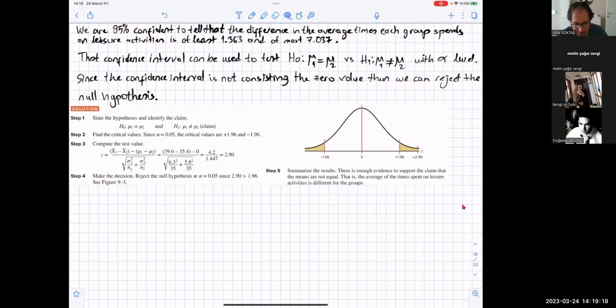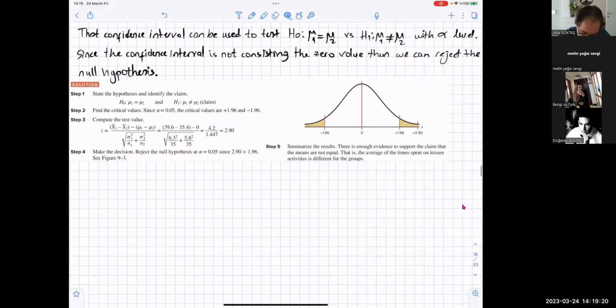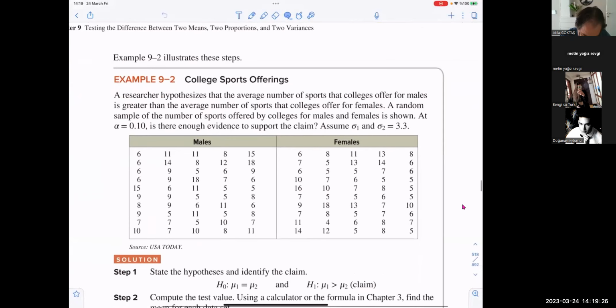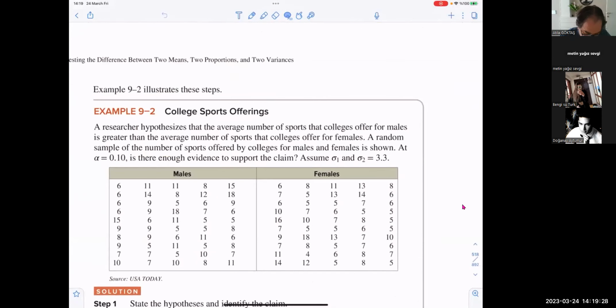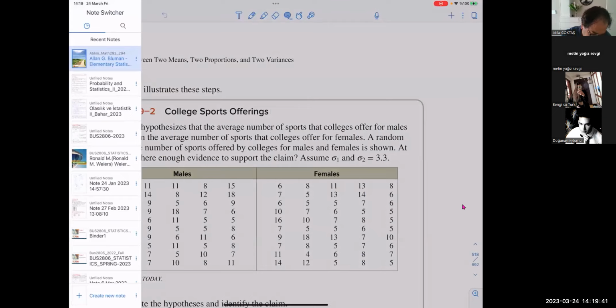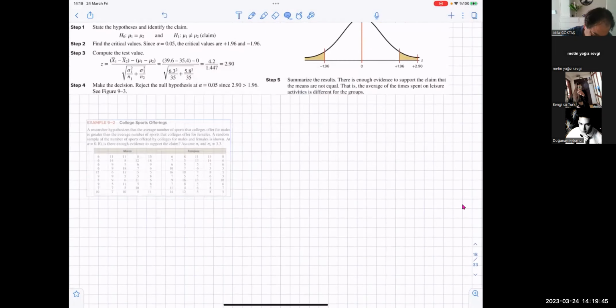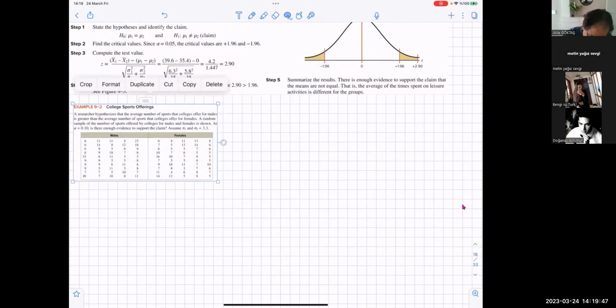This is step 5, so it tells you about the solution. And we have another one here. Let me copy this example and work out this example together.